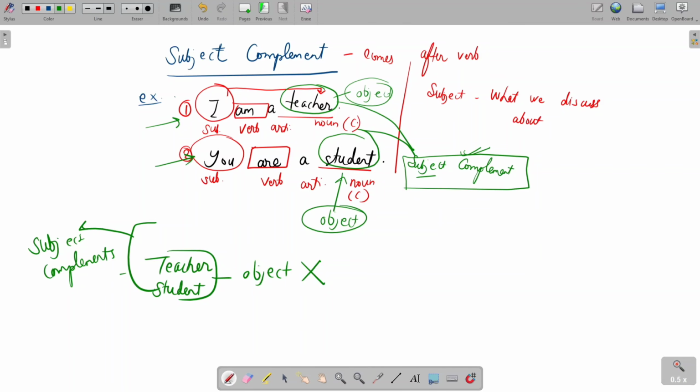Subject complements means, again I am just revising it for you, the words which come after the verb and which give information about the subject, or which give the state about the subject. These words will be called subject complements.